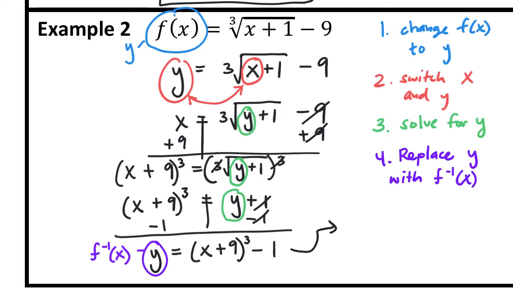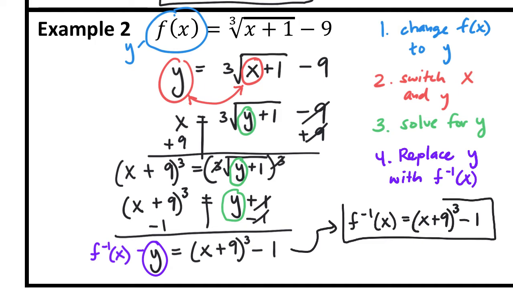So that's going to give me f inverse of x equals x plus 9 to the third power minus 1. And let me fix this arrow here. I don't know if I fixed it, but all right.